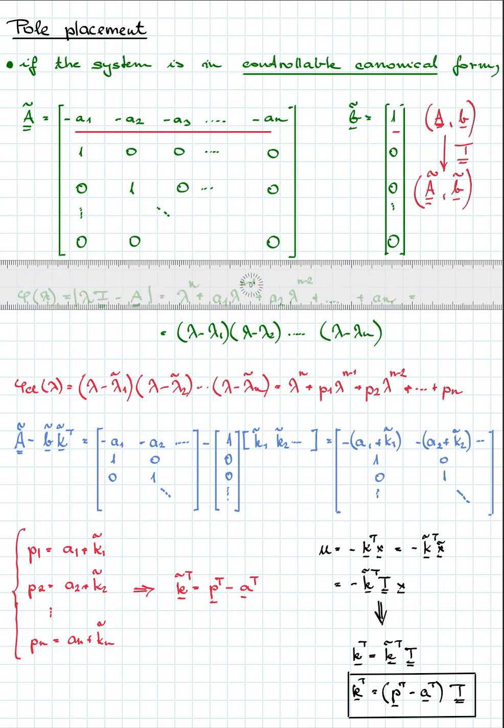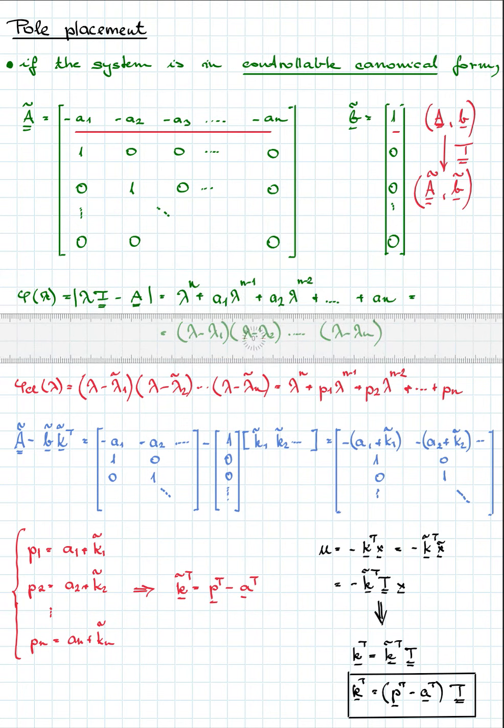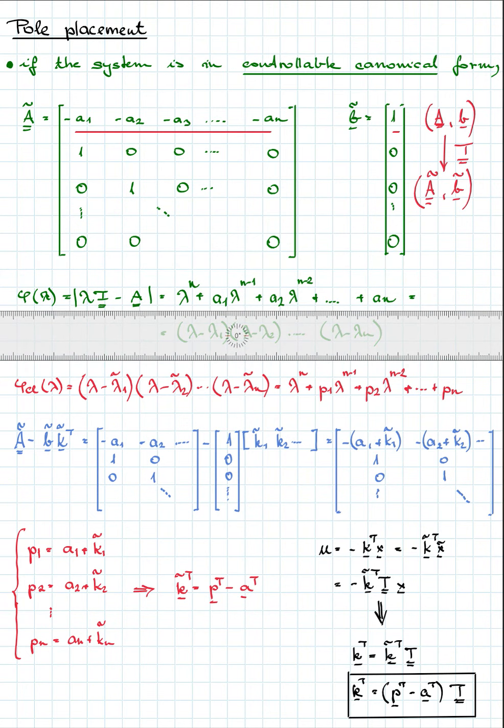This is the associated matrix of the following characteristic polynomial, which is an n-order polynomial, lambda to the power of n plus a1 lambda to the power of n minus 1, etc., an.